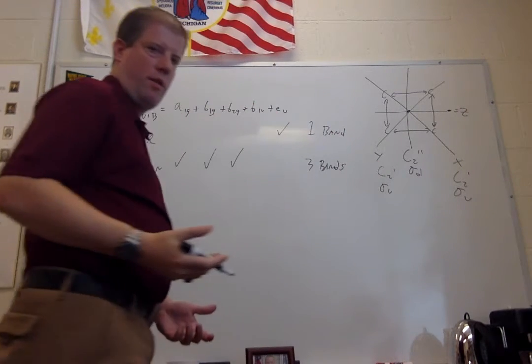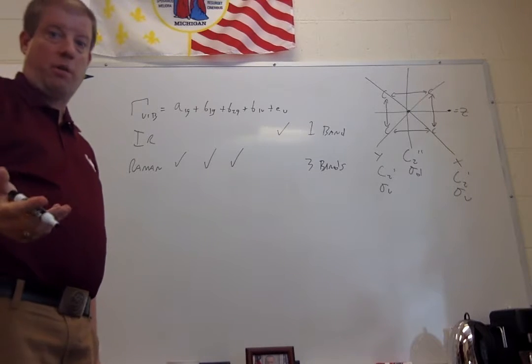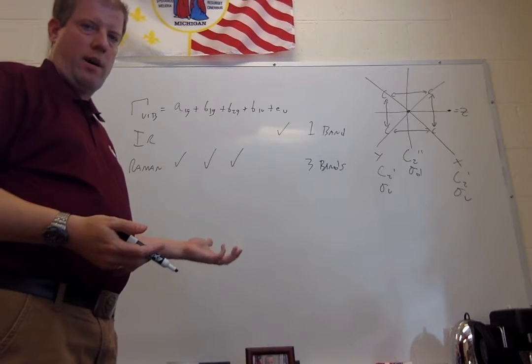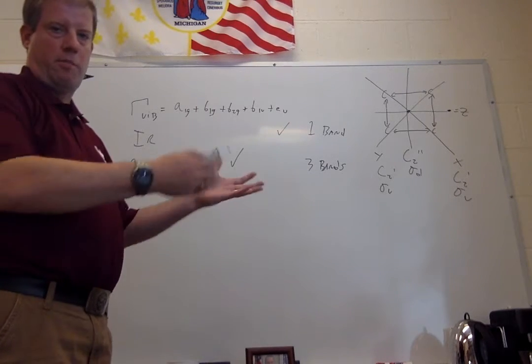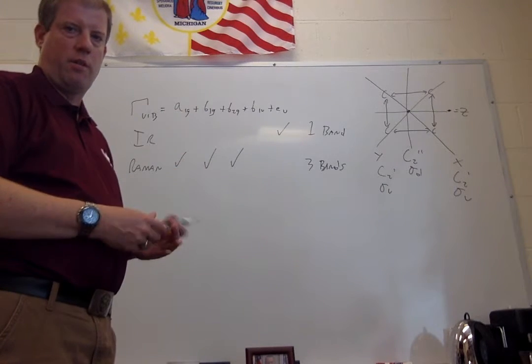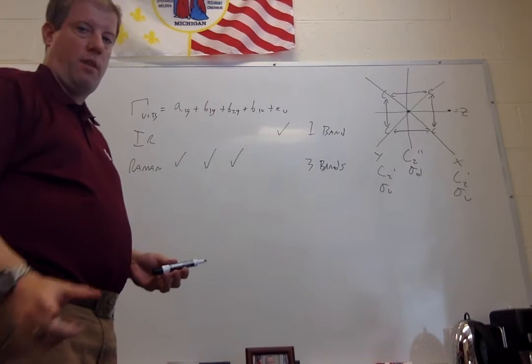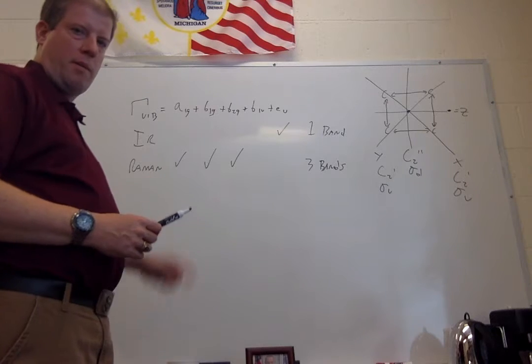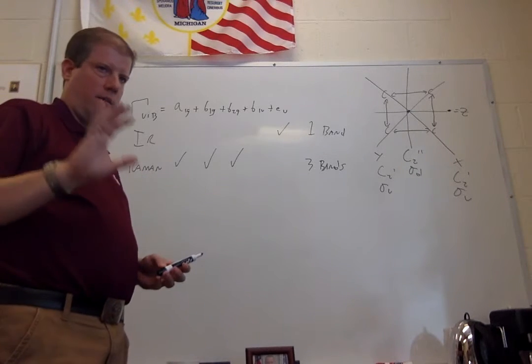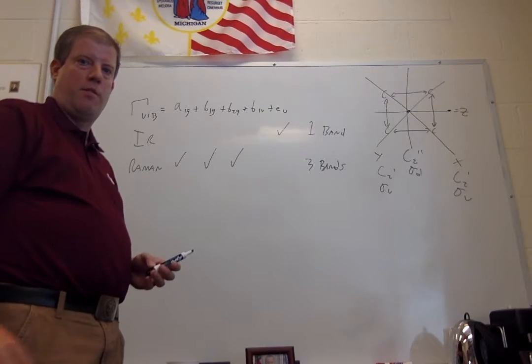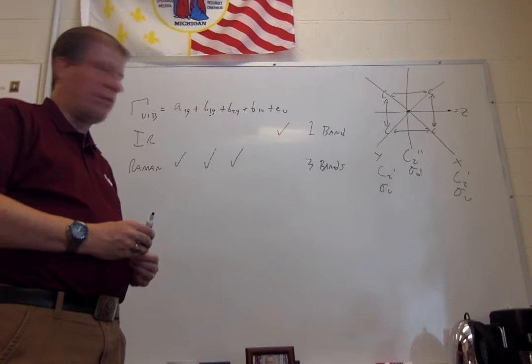So that might be the question you're asked on the exam or on homework, okay? How many bands in the IR and how many bands in the Raman do I see for this molecule with its full vibrational analysis? And that's the answer. You see a lot more information in the Raman because you can get a lot more subtle manipulations of low energy things with that.